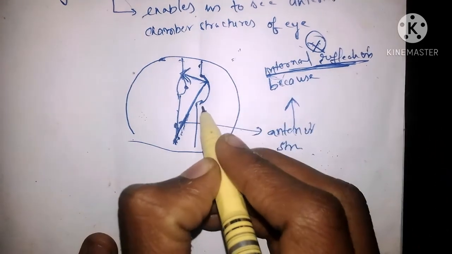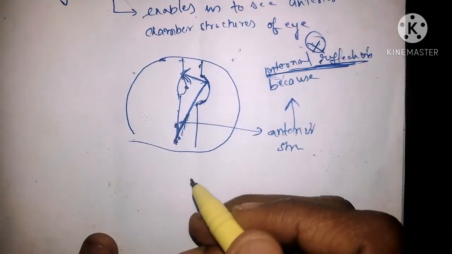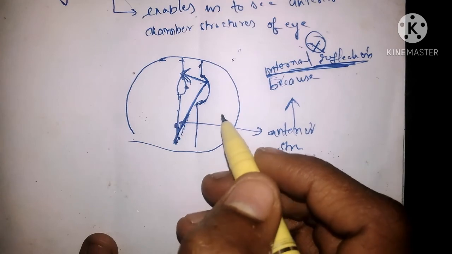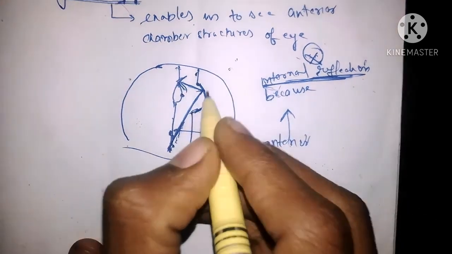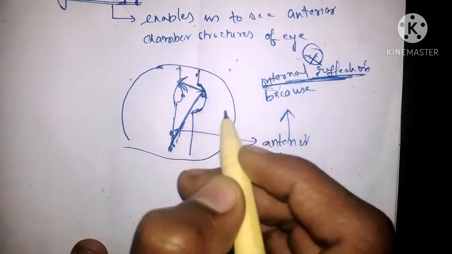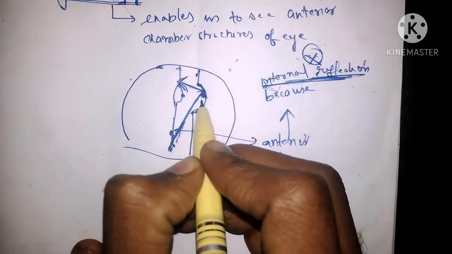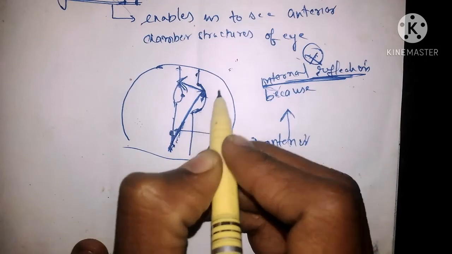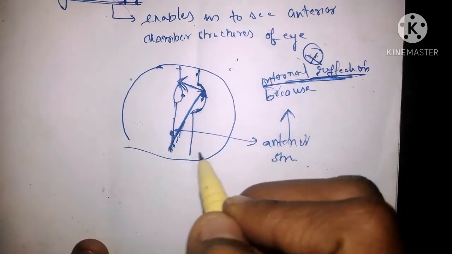To avoid this internal reflection, what we are doing here is we are trying to change this angle, the angle of incidence. How can we change this angle of incidence?